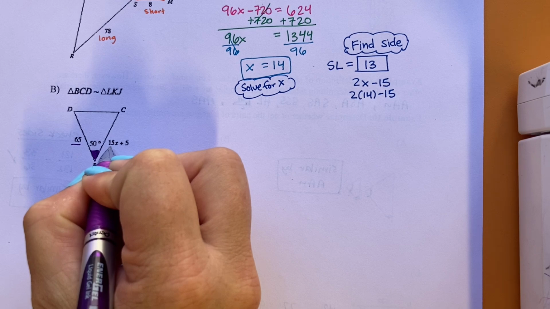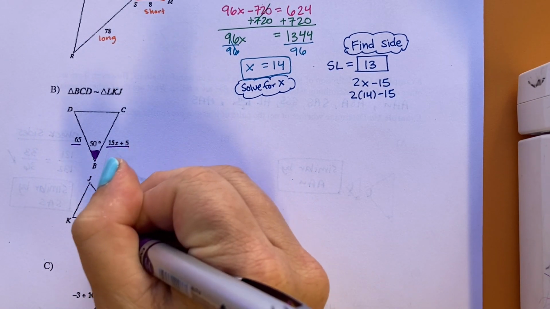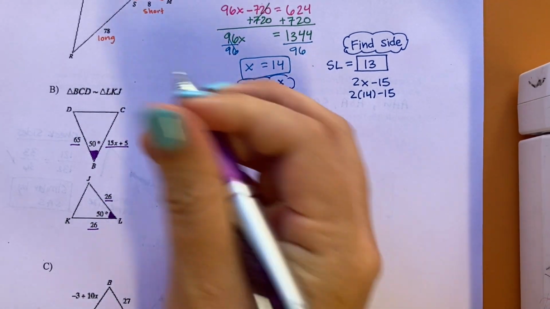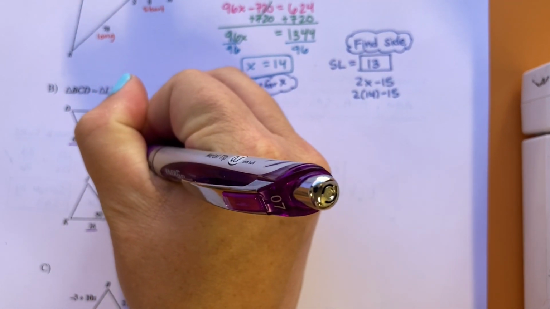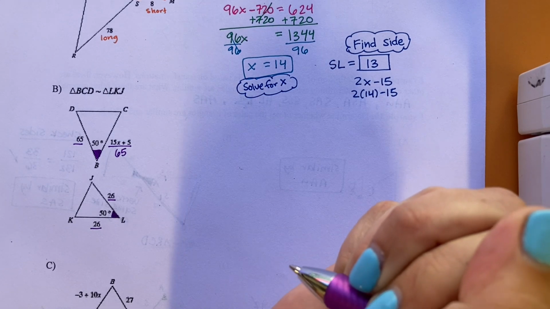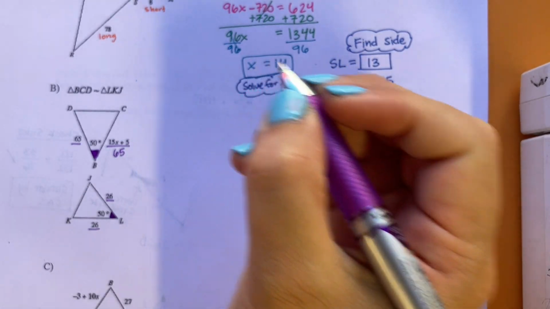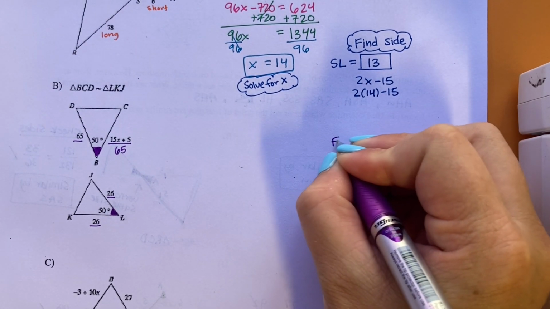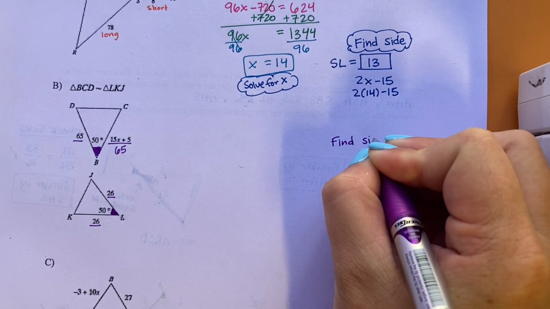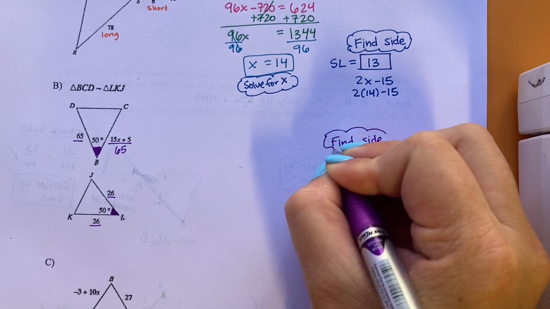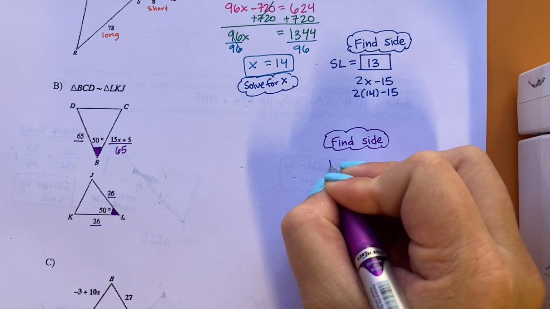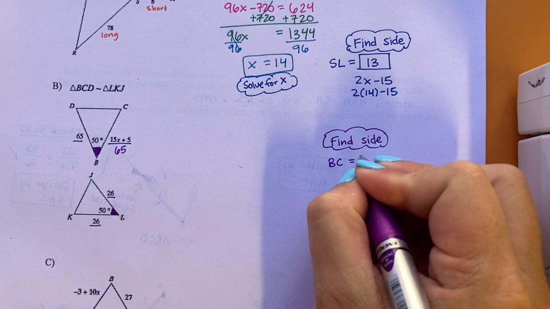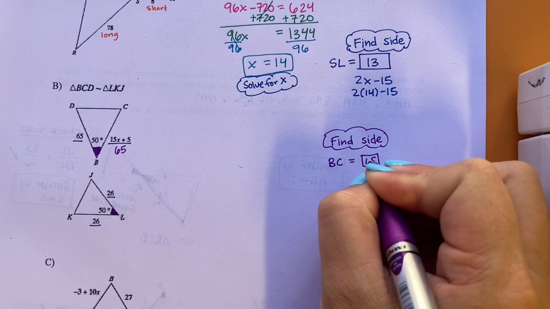This is 65, so then if they're similar, which they tell me they're similar, if this is 26, 26, then 65, this should be 65. So I know that if they ask me to find the side, B to C, is 65.